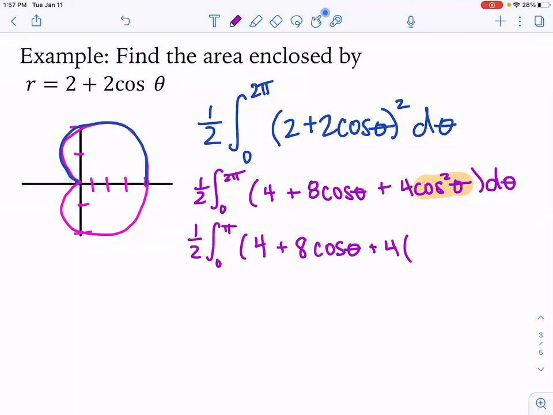What's cosine squared the same as? What's the power reducing formula for cosine squared? I'm asking Andre. 1 plus cosine. Good job.